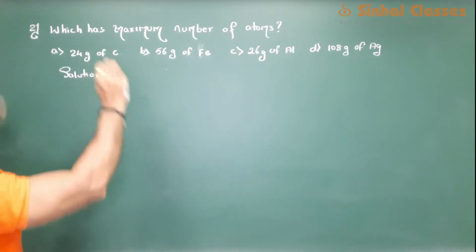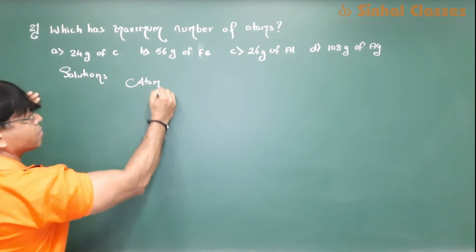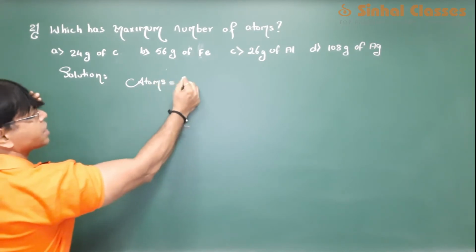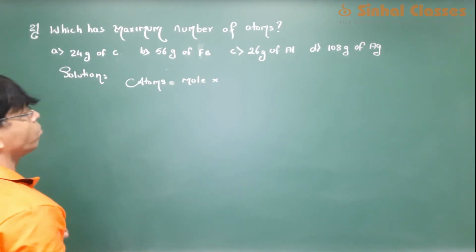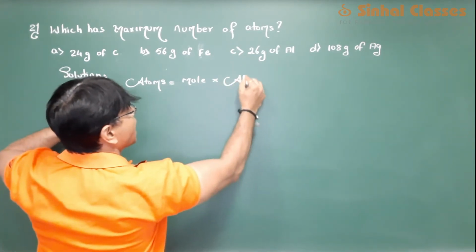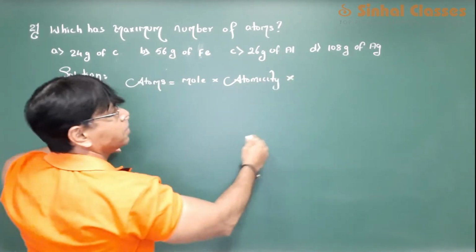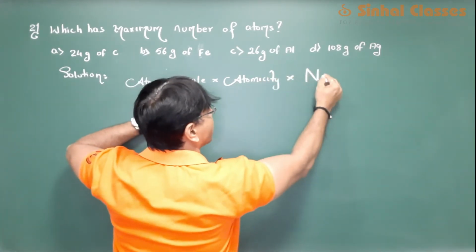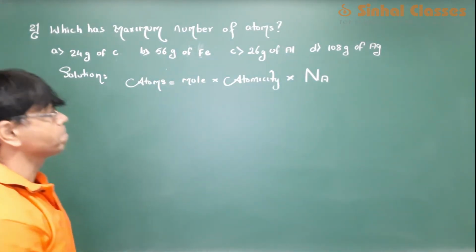First and foremost, we all know, the number of atoms is nothing else but moles multiplied by atomicity multiplied by Avogadro's number, given by capital Na.